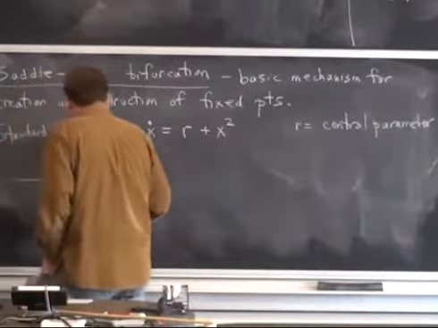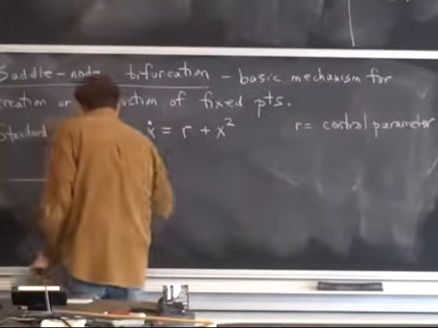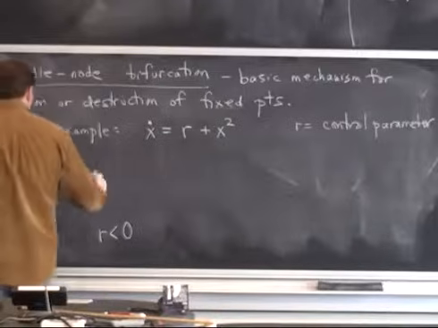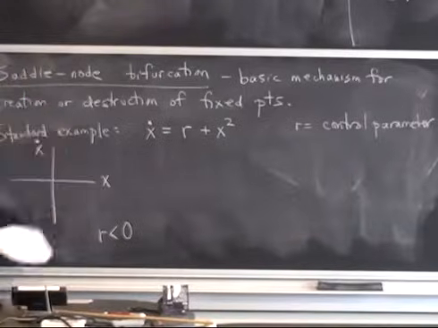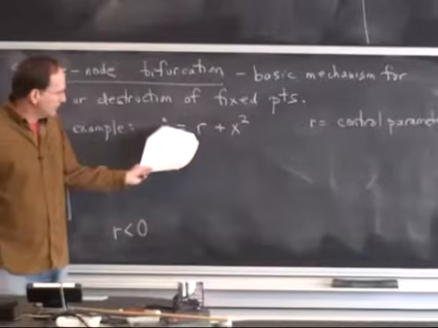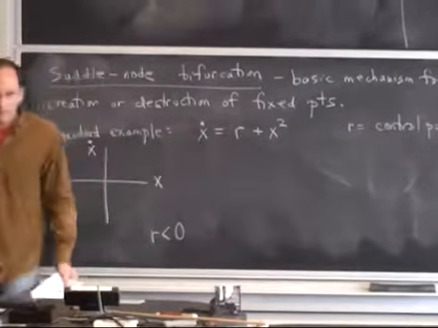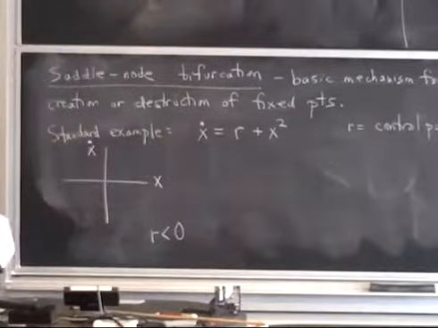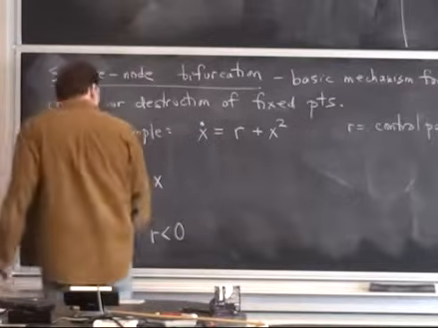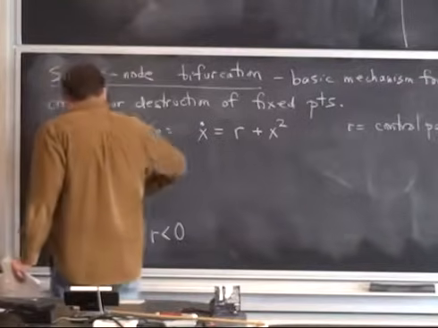And so when r is negative, then if I look at my x dot versus x picture, notice, of course, this is the graph of the right-hand side, a parabola, but it has an intercept of r on the vertical axis. So when r is negative, it would look like that.